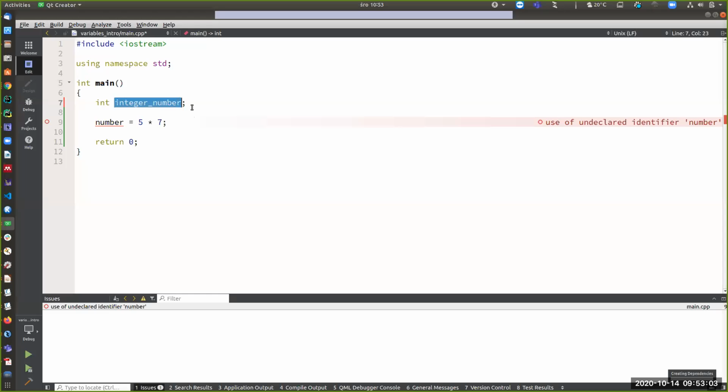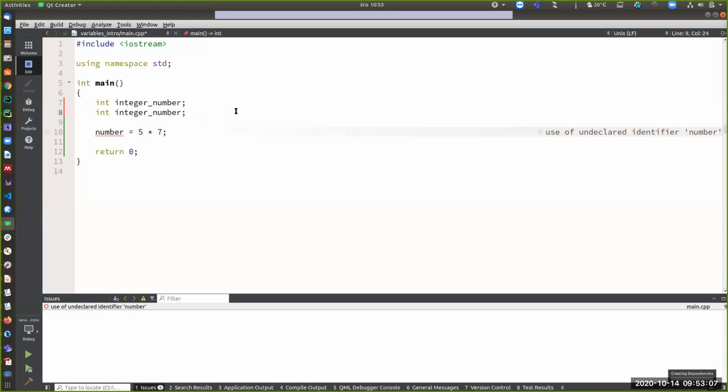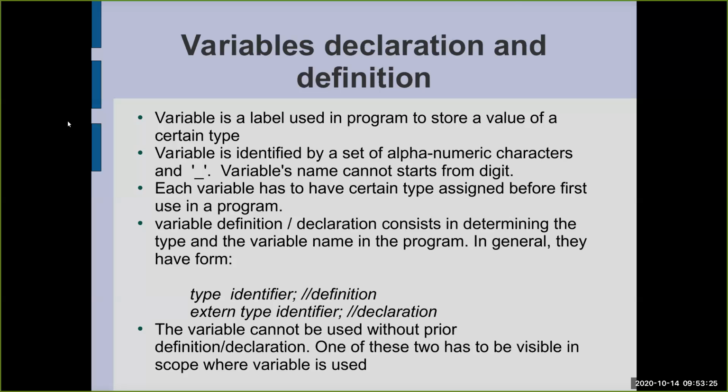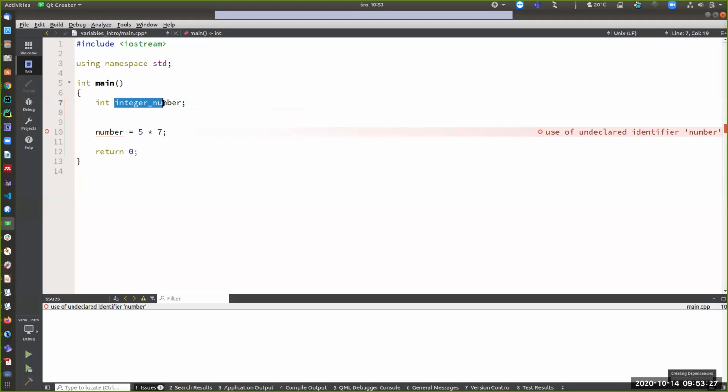Okay, what else? In our scope, we can't create two variables of the same name. So this is the error, because the variable was redefined. So you don't do it.